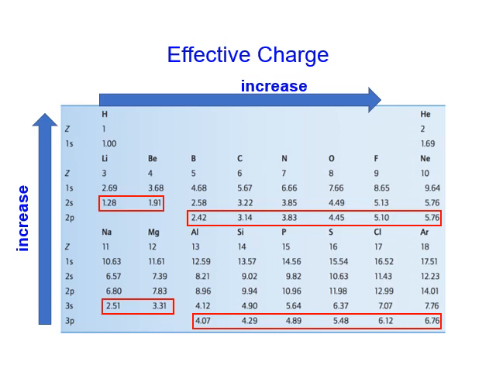Here shows more effective nuclear charges. For hydrogen, there's only 1 electron, so the effective nuclear charge is the same as the nuclear charge. Lithium has 3 electrons, so there are 3 nuclear charges, but the effective nuclear charge for the outermost electron, or the valence electron, is only 1.28. For beryllium, the effective nuclear charge for the valence electron increased to 1.91. In fact, the effective nuclear charges for the valence electrons increase from left to right.